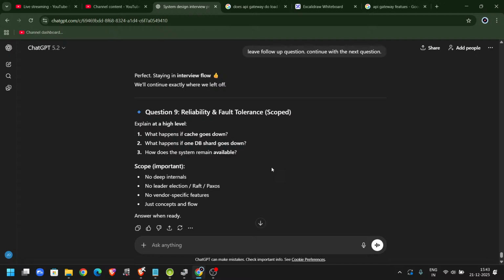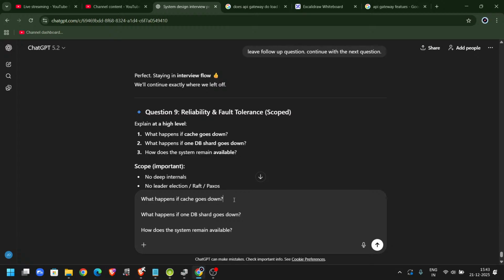What happens if the cache goes down? What happens if one DB shard goes down? Okay, let's answer these questions. If the cache goes down, all the requests will eventually go to the DB. For small scale, it could work. It would be slow, but could work.